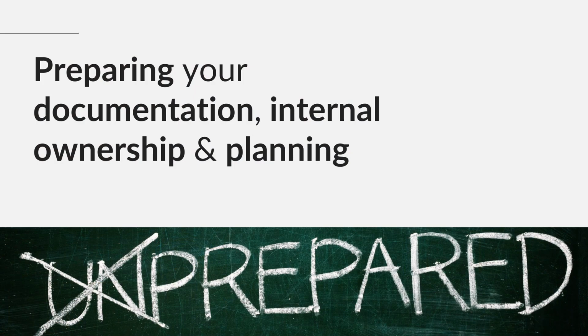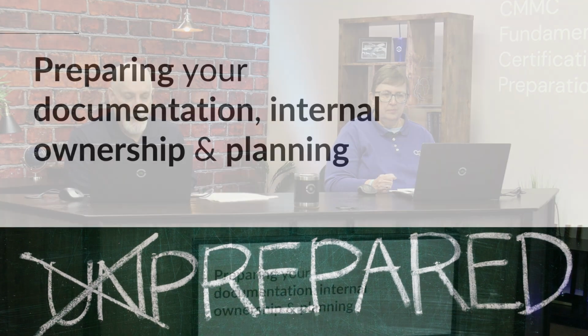Let's talk a little bit more about the importance of ownership and planning. It's a lot more than technical controls. You need someone at the executive level, at the business level, to take personal accountability for the effective implementation of these security controls.